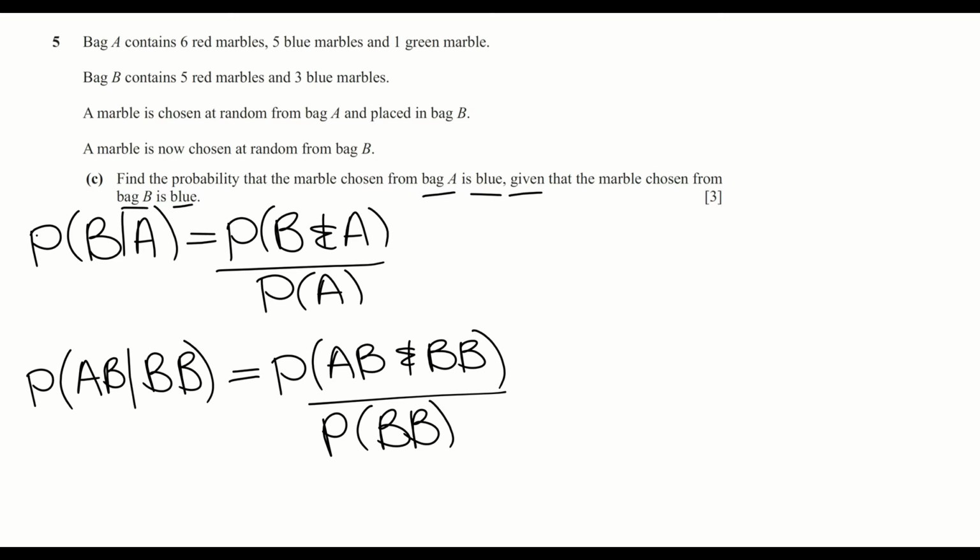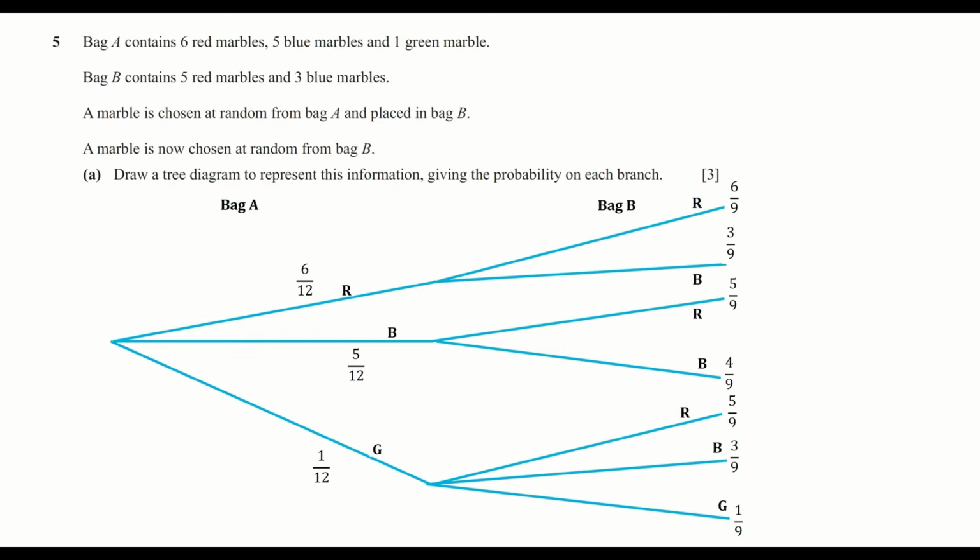Let's start with the probability of a blue marble from bag A and a blue marble from bag B. If that happens, we get a blue marble first, I'm going to write that up here, and a blue marble second. Let's look at our tree diagram. A blue marble first, 5/12, and a blue marble second, 4/9.